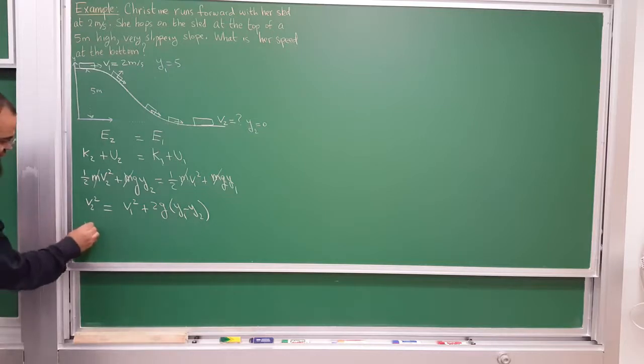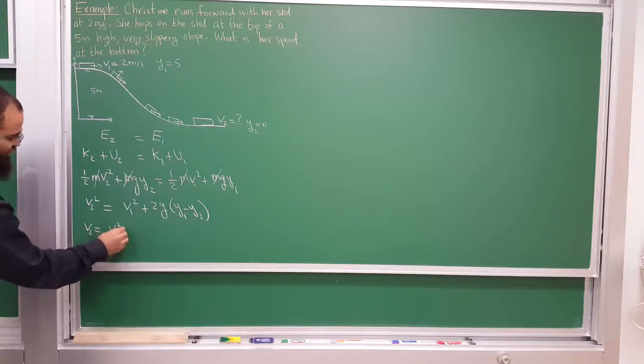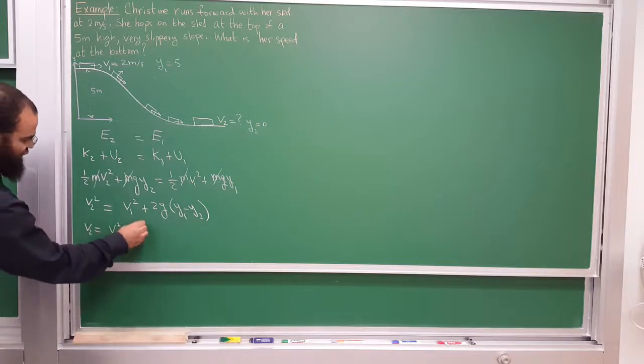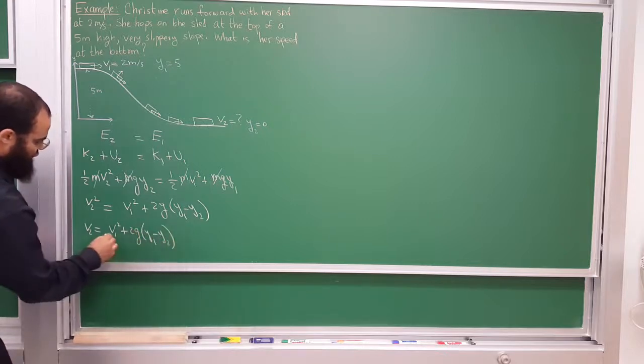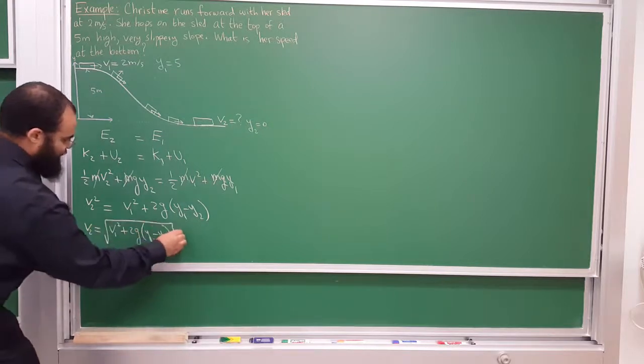And so you get V2 equal to the square root of V1 squared plus 2g times y1 minus y2. Exciting.